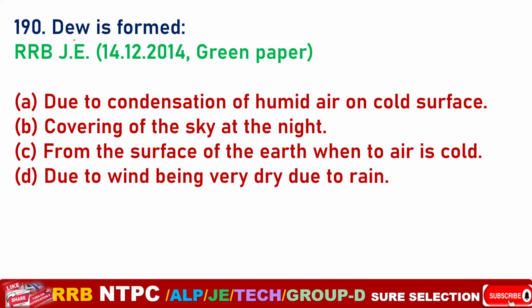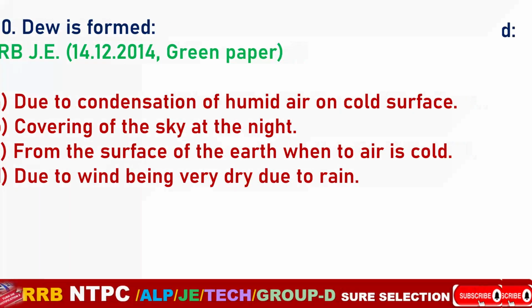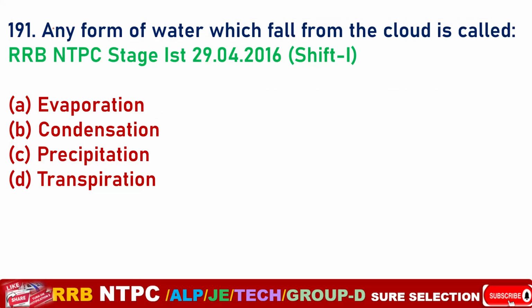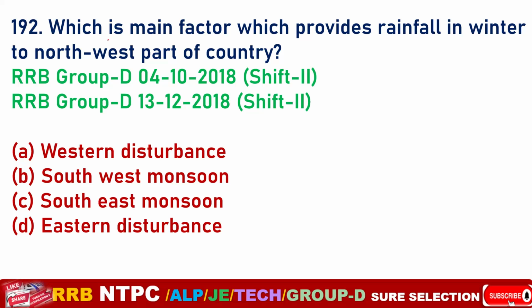Dew is formed due to condensation of humid air on a cold surface. Any form of water which falls from the cloud is called precipitation. The main factor which provides rainfall in winter to the northwest part of the country is the western disturbance.